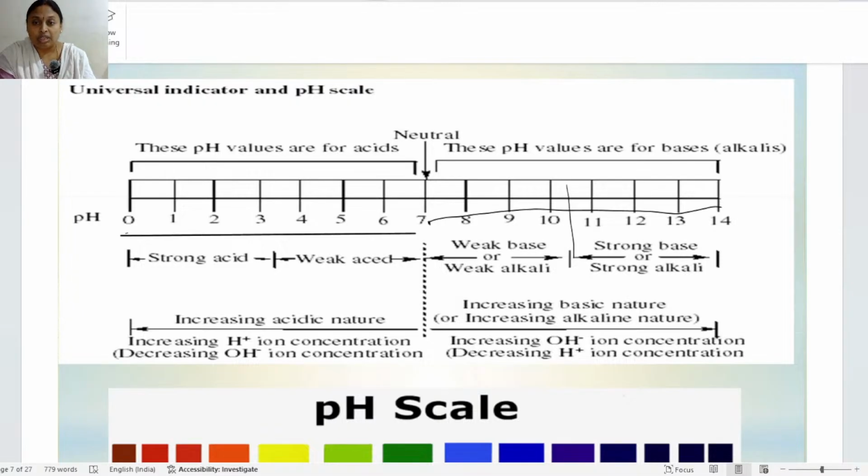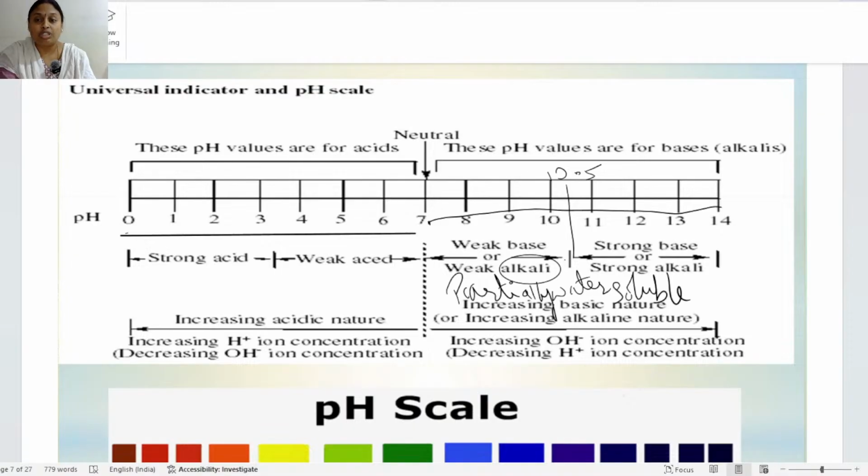Here, we have the value of 10.5. Till that, we call them weak bases. Why are they given as alkali? What is the meaning of alkali? Alkali means water soluble. So here, weak means partially soluble.